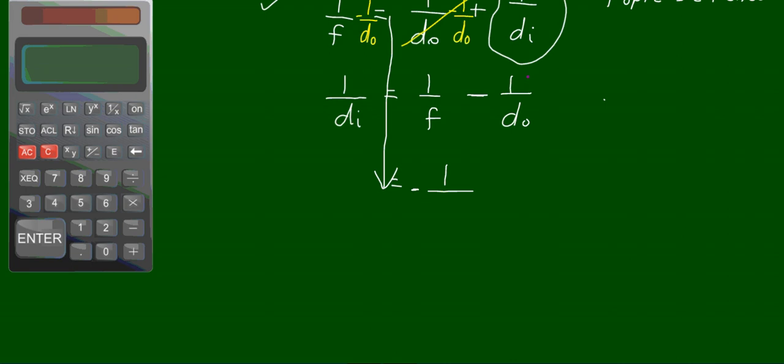And so this term will become negative 1 over 7.1 centimeters. And what I will do is simply place brackets around this term to keep the negative sign as part of this, and I'll subtract from this 1 over the distance to the object. The distance to the object is 14.0 centimeters.